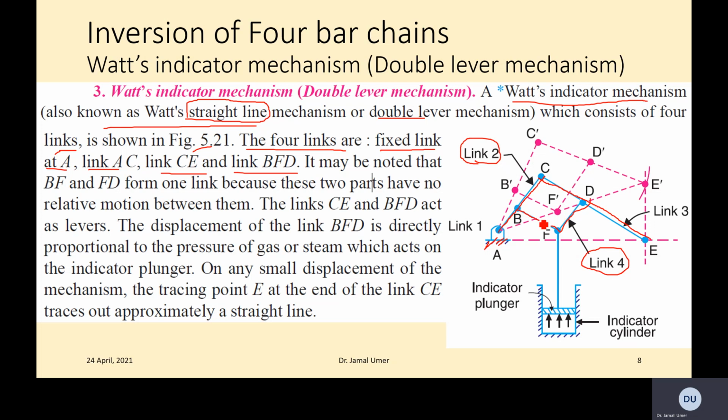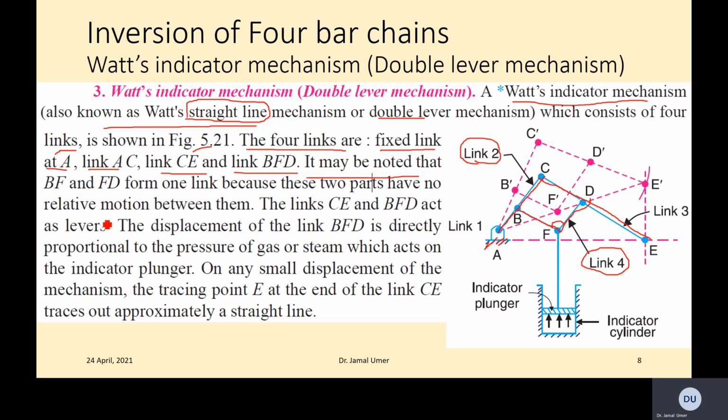So link BFD apparently looks like we got two links, but not, because the angle between them is not changing. So basically there is no relative motion between BF and FD. So that's why this will be called as a link 4, as one single link basically.